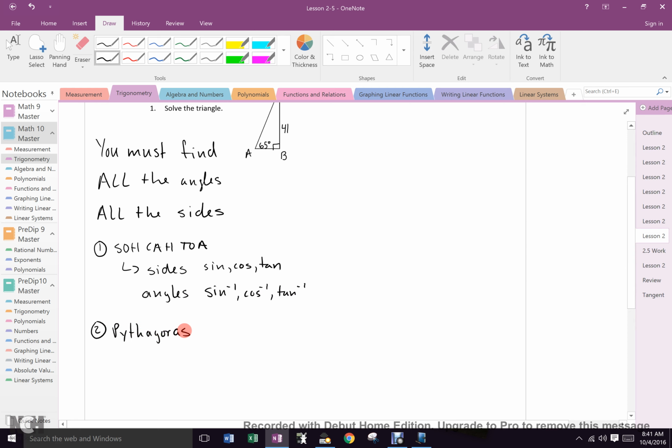Does Pythagoras help us find angles? No. Pythagoras is only for sides. But I also have the fact that the angles in a triangle are supplementary. What does that mean again?